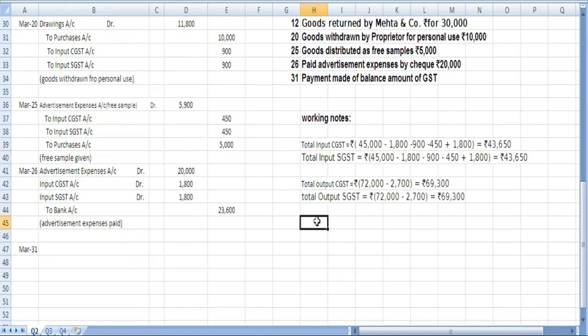Now if you notice here, your output CGST is more than input.